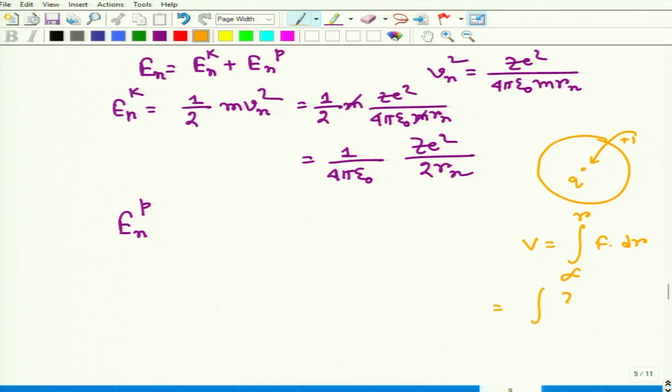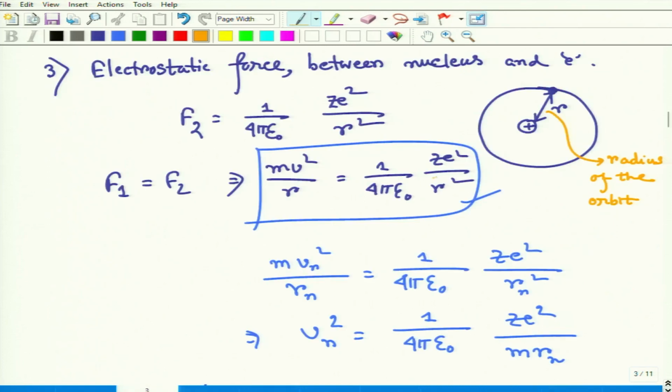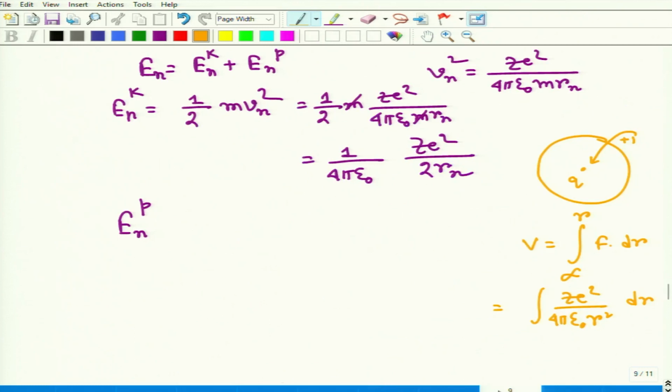F will be Z e² by 4π ε₀ r² dr. This is the electrostatic force. We have discussed these things in the electrostatics chapter. So Z e² by 4π ε₀ will be out, there will be 1 by r² dr, with limits infinity to R.